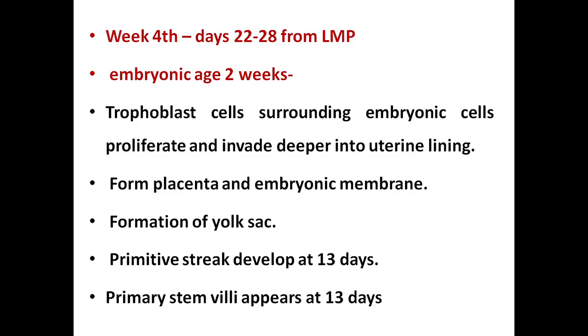Trophoblast cells surrounding the embryonic cells proliferate and invade deeper into the uterine lining, because once the pregnancy is confirmed, the trophoblast layer attaches deeper to the lining of the uterus. Then the placenta and embryonic membranes form, along with the yolk sac, and the primitive streak develops at the 13th day and primary stem villi appear at the 13th day.